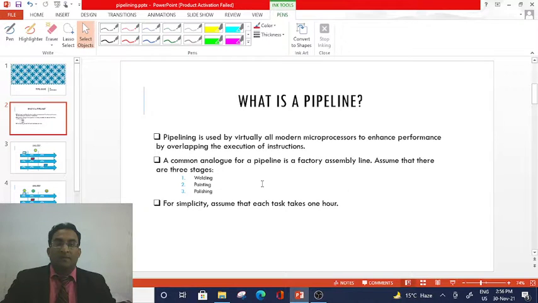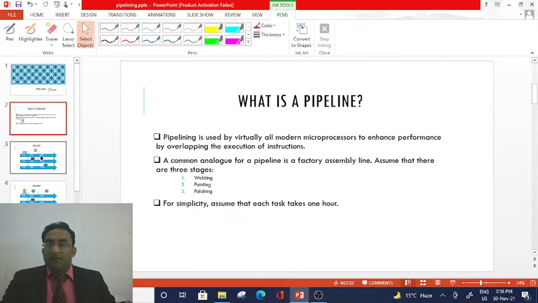Assume there are three stages: welding, painting and polishing. For simplicity, each stage takes 1 hour.